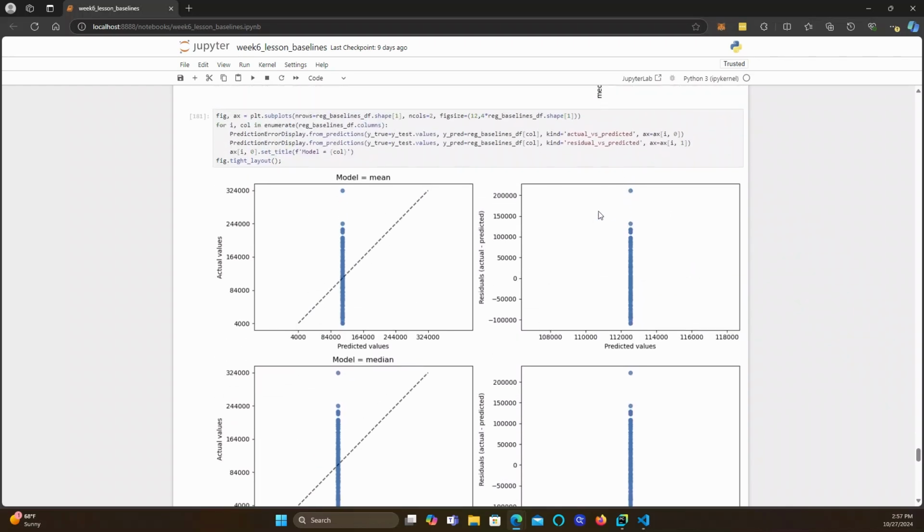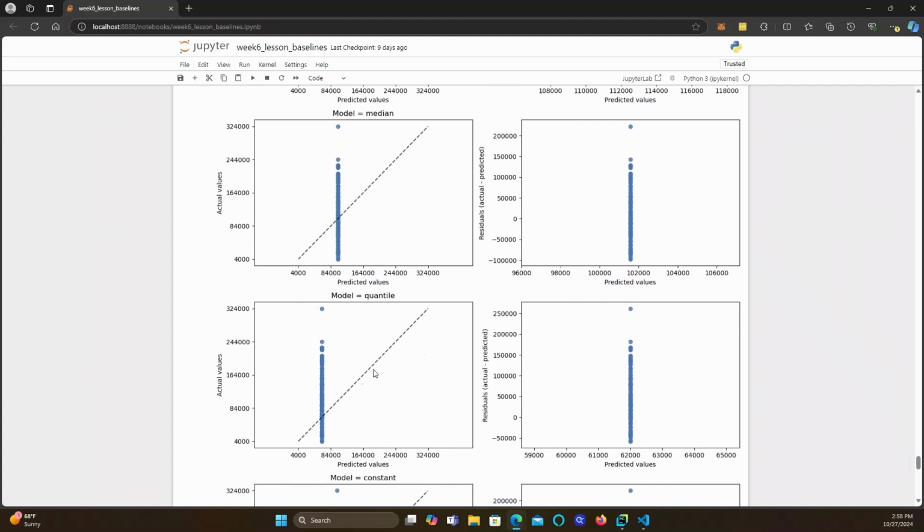And then on this side, we're looking at residuals. So if you remember, what we want in this graph is we want our dots to be along this line, which these clearly are not. And then on this one, we want them all to be centered around 0. We want it to be about equally distributed above and below 0, and these clearly are not either.